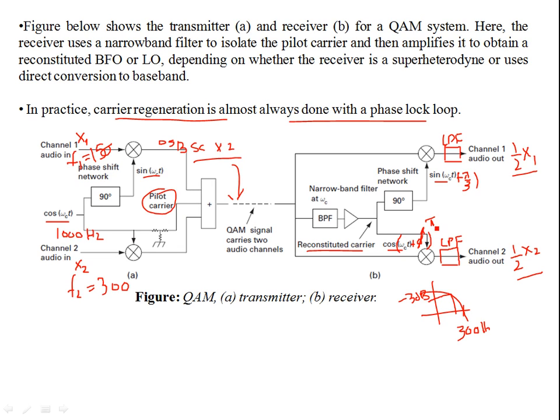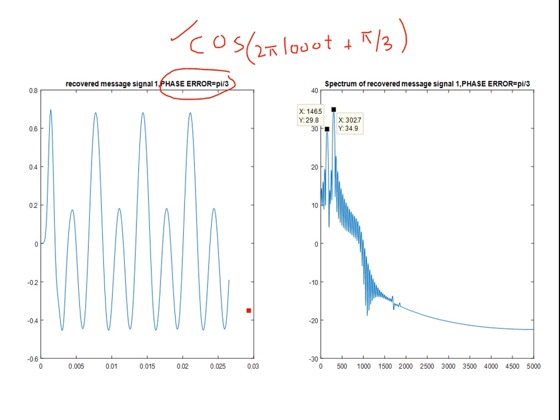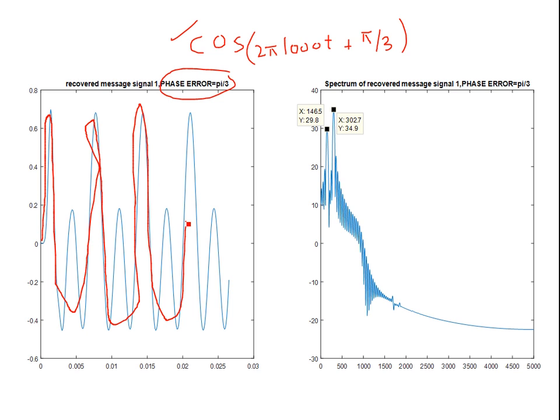So what happens is, as you can see, we do not recover the original x1 and x2. We have some other beating phenomena. You can see there is a low frequency content, and then you have a high frequency content over here as well. So we have basically two frequencies.